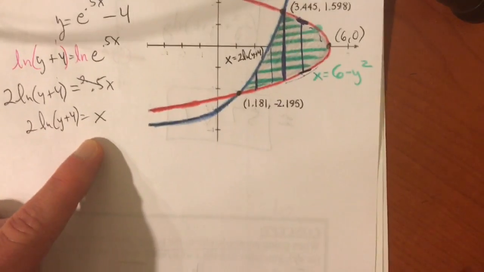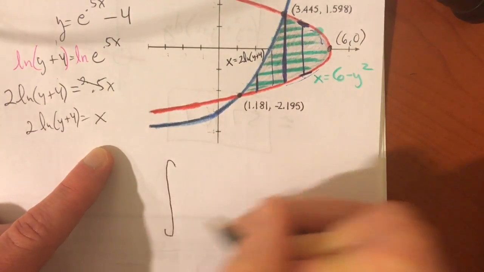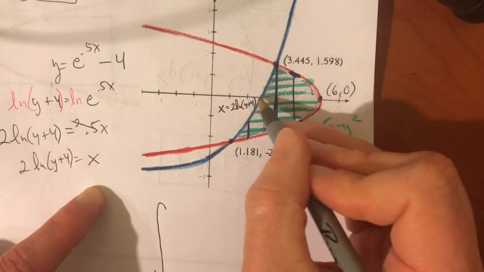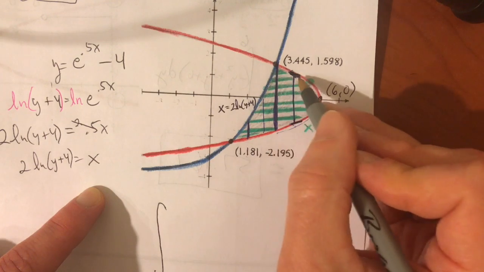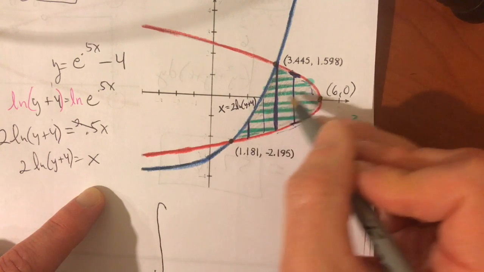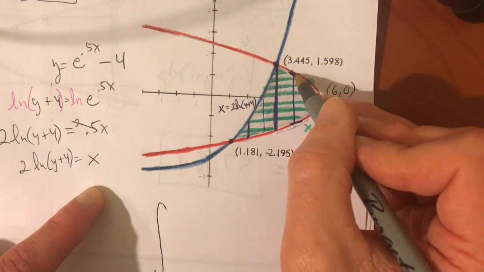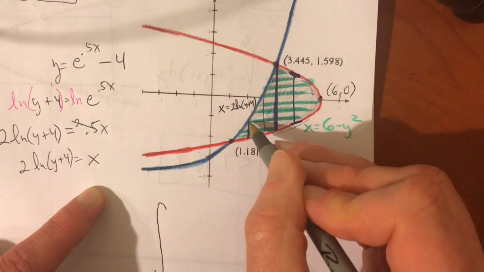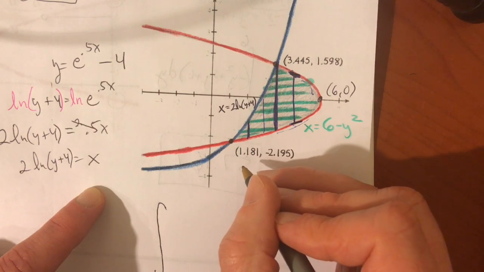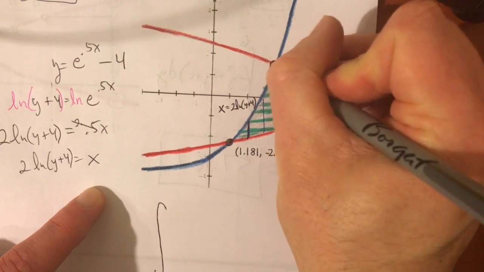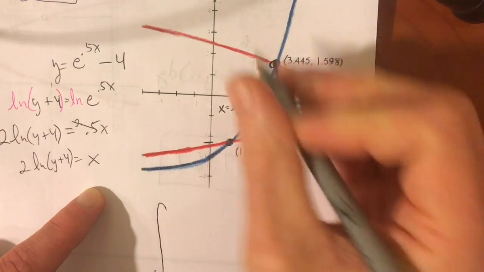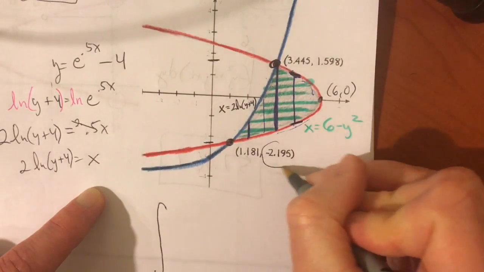And so now I'm going to set up my integral, and I can just do one integral, like we said, because throughout this whole region, when you do the right boundary minus the left, it never changes. That's why I sometimes like to draw a whole series of these horizontal segments just for myself to see that the boundaries are always the same. Right minus left, red minus the blue, red minus the blue. Okay, so the limits of integration, you're talking about these two intersection points, and you're doing it in terms of y, which means focus on the y values of the points of intersection.